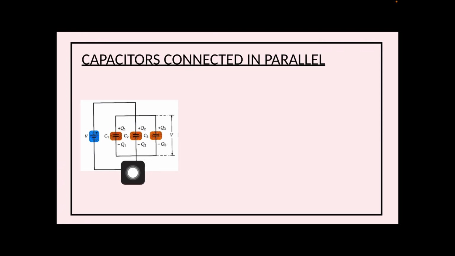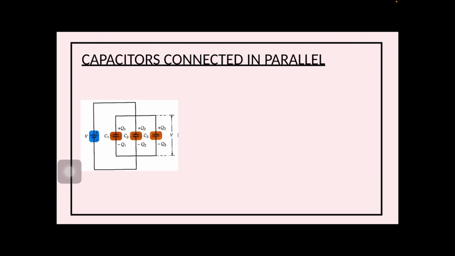That 50 coulomb goes back through and returns to V. So the key for parallel combination is that the charge for C1, C2, C3 is not the same, but the potential difference across C1, C2 and C3 is the same. The voltage across the capacitors is the same.